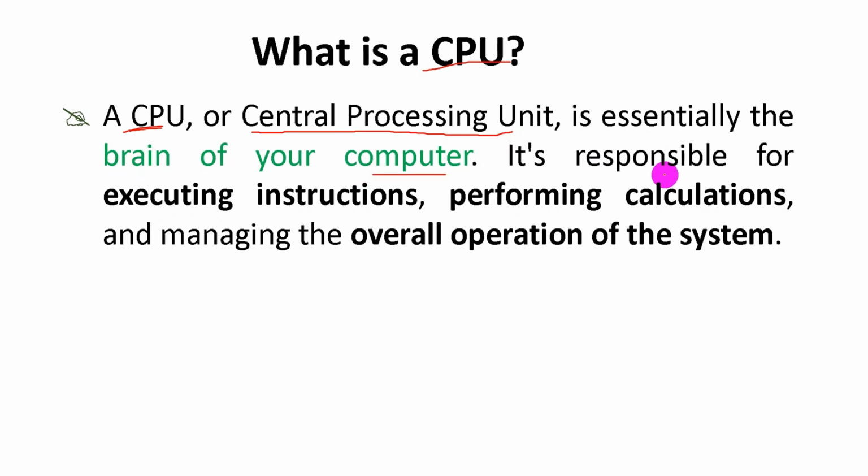CPU is responsible for, or the basic function of the CPU in a computer is to, execute instructions or programs and perform calculations. To perform calculations, it uses arithmetic and logical operations. Based on the user's instructions and commands, it executes instructions, performs calculations, and manages the overall operation of the system.